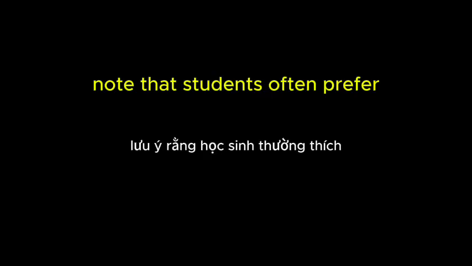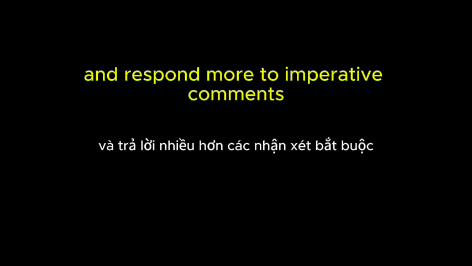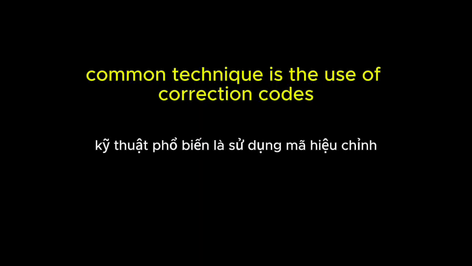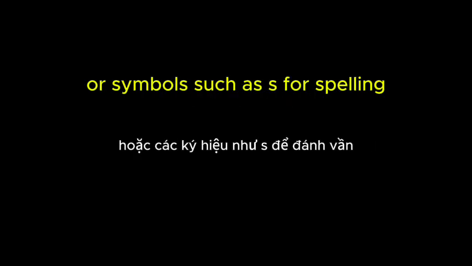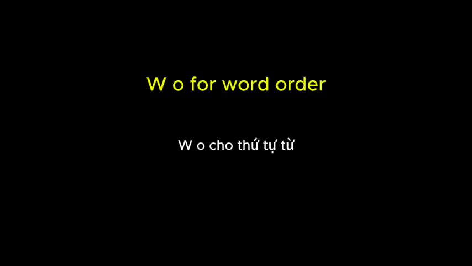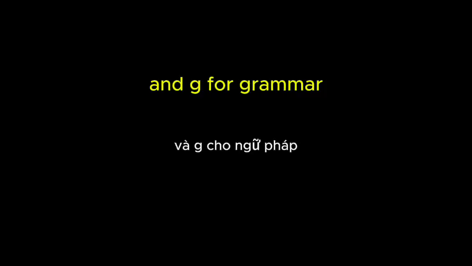In contrast, Shin in 2008 and Sugita in 2006 note that students often prefer and respond more to imperative comments on form. One common technique is the use of correction codes or symbols, such as S for spelling, WO for word order, and G for grammar.